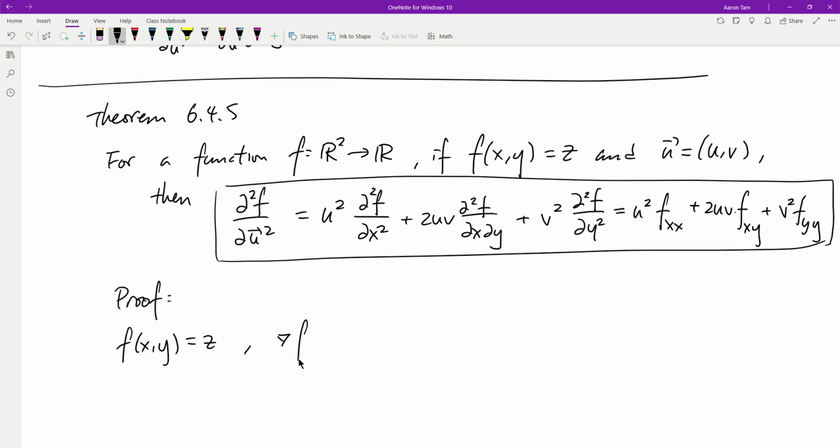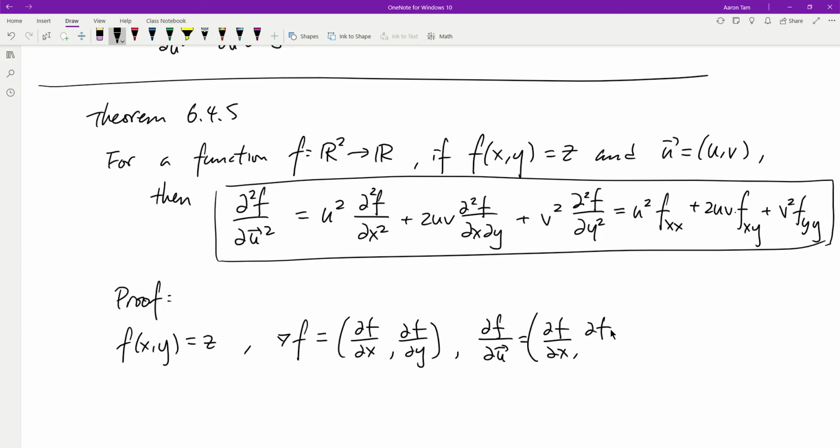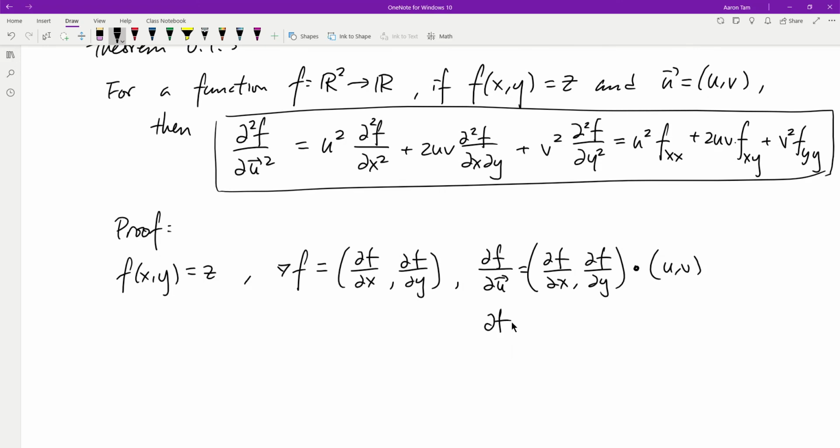Then you will realize that the gradient of f would simply equal (df over dx, df over dy). So if you define df over d vector u, that would become (df over dx, df over dy) dot product (u, v). And therefore, df over d vector u would form this expression, u df dx plus v df dy.